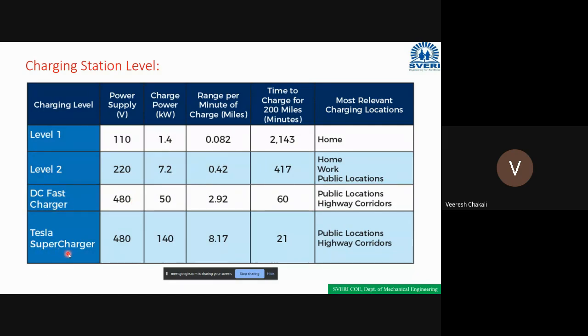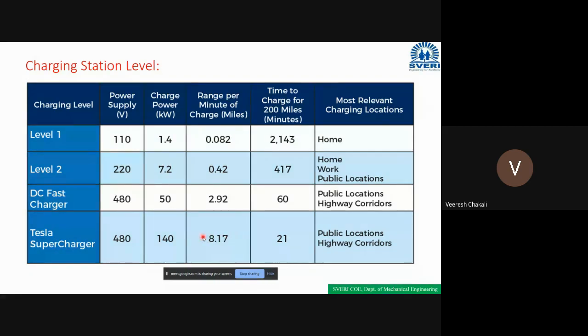Next, the Tesla supercharger. This is the latest one. The voltage level is also 480 volts, and the charge power ranges from 50 kilowatts to 140 kilowatts. If we charge for 1 minute using the Tesla supercharger, we can travel approximately 12 kilometers.